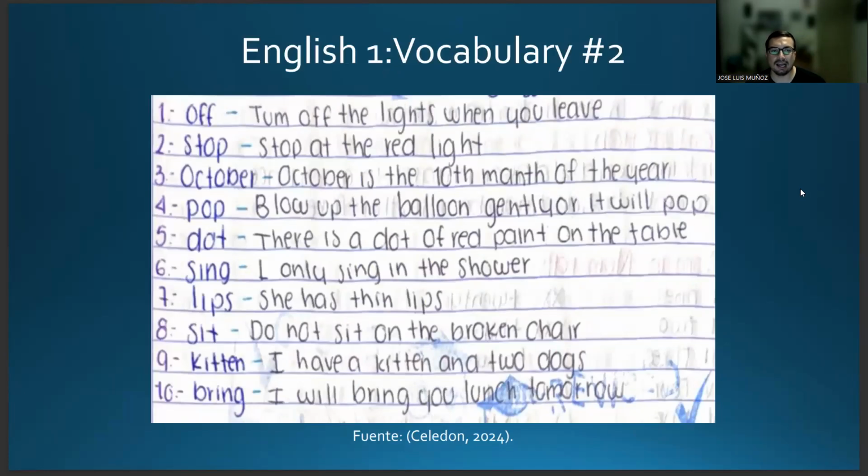Then you have more vocabulary. The second vocabulary I highly recommend. This information is very important for English level 1. Why? Because I have training in different kinds of schools of English.